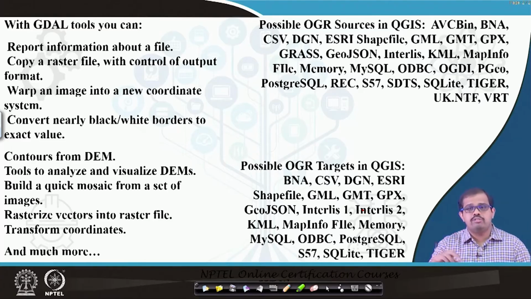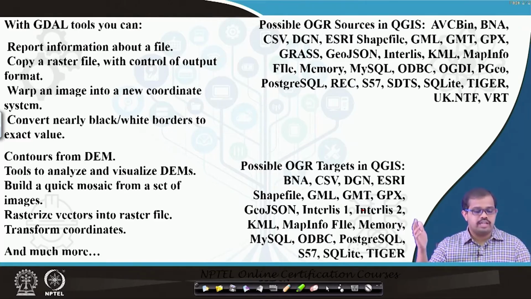GDAL can do everything on the planet for a raster module. It can report information about a file, copy a raster file with control of the output format, and warp an image into a new coordinate system. We have seen how Mr. Chandan spoke about how a coordinate system can be transformed.